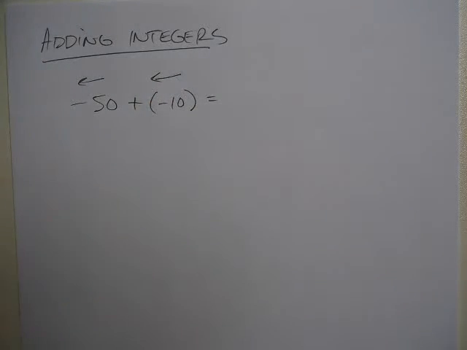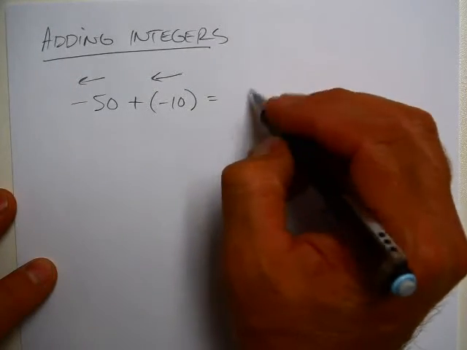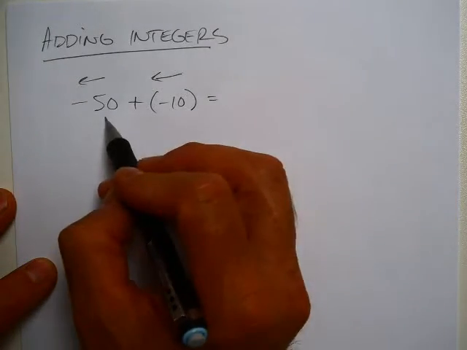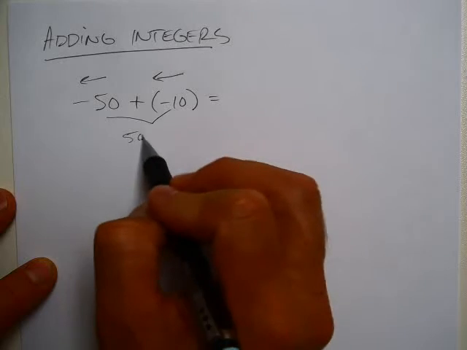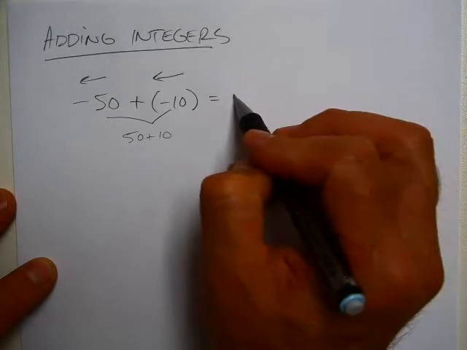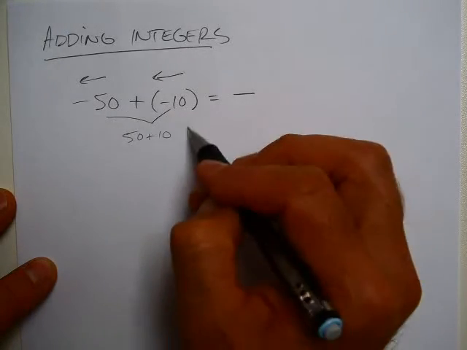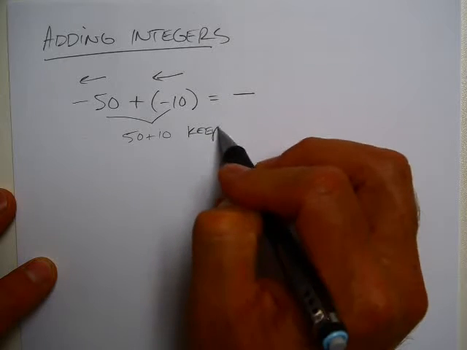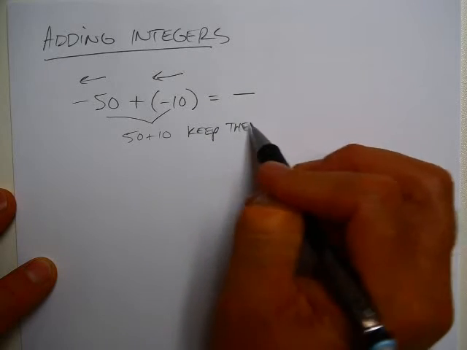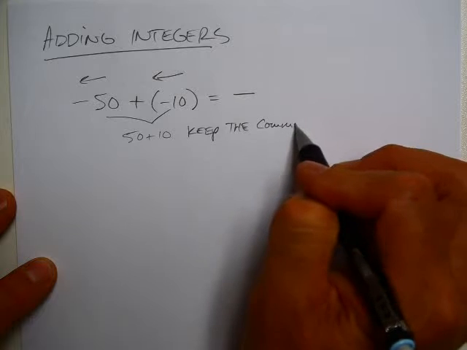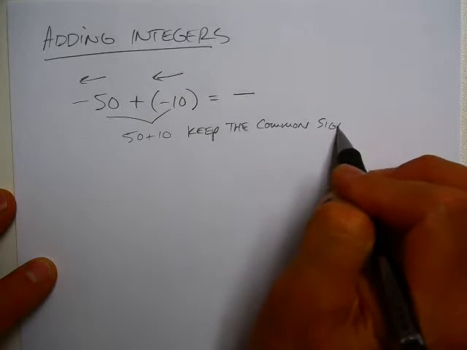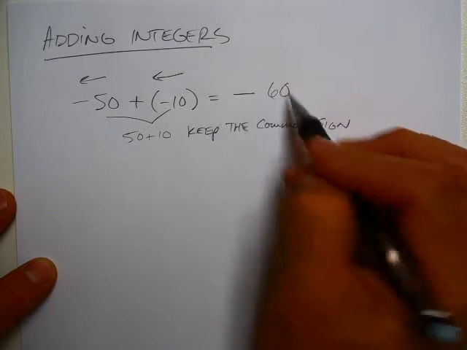so in both cases I'm moving left on the number line. If both signs are the same, this is going to be an addition problem. So I'm going to add the 50 and the 10, but I'm going to keep that common sign. -60 is the answer.